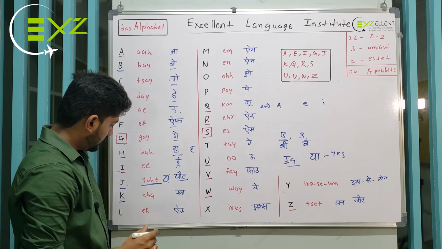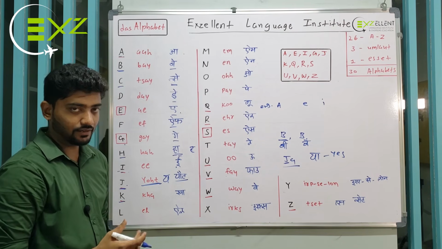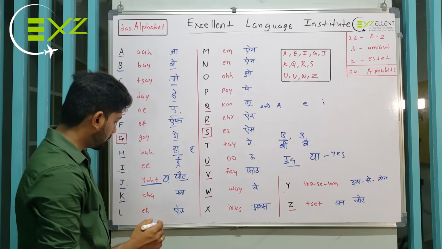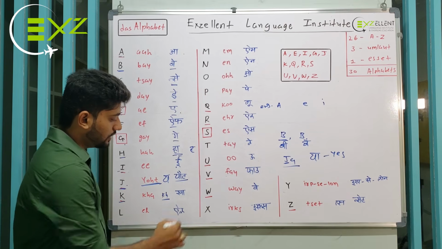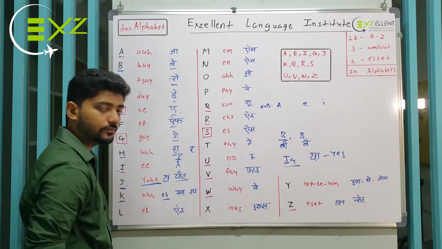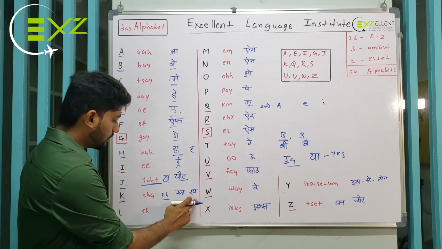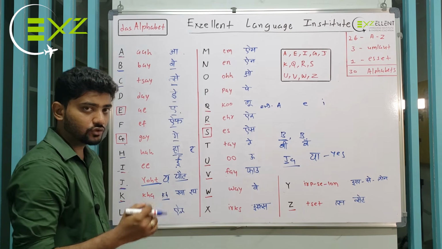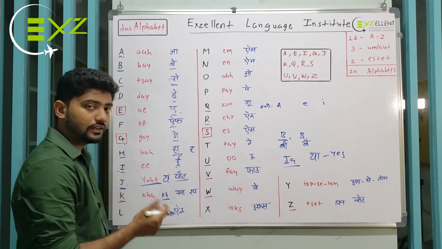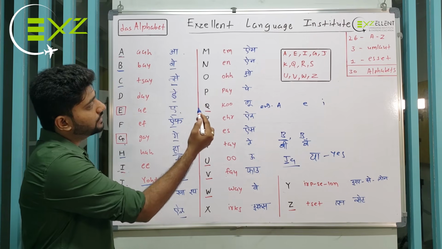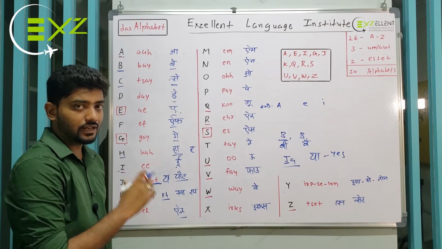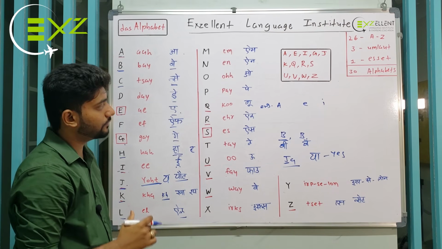Then K. In English K is K, right? But in German language pronunciation of K will be something like this, Ka, Kha. In Hindi we can say Ka. It is not exactly the same as K in English. L, M, N, O, P. These alphabets are almost the same.